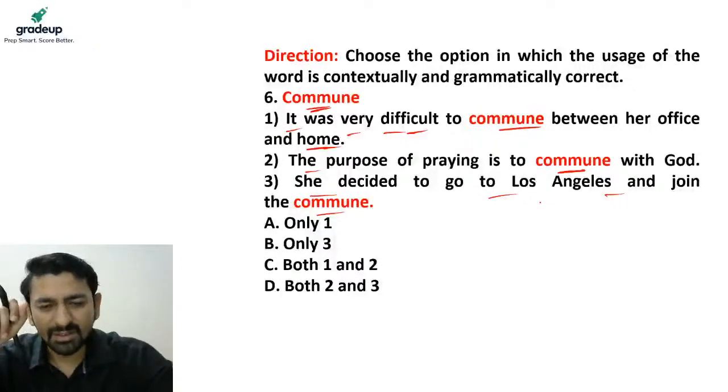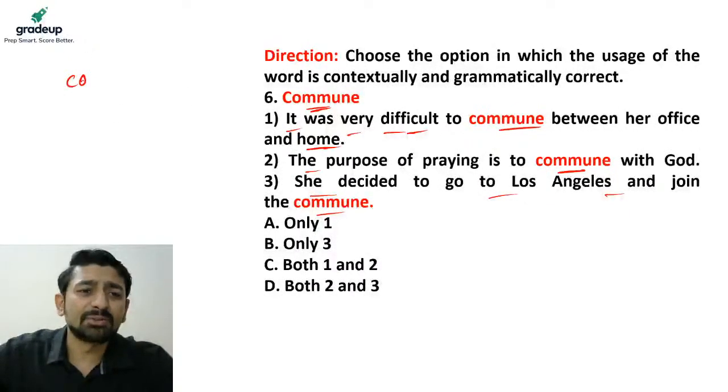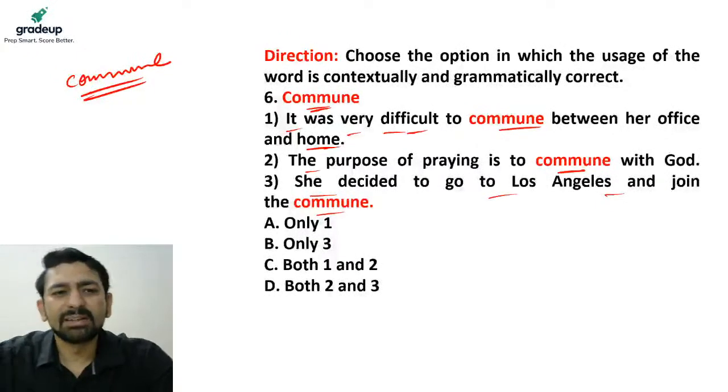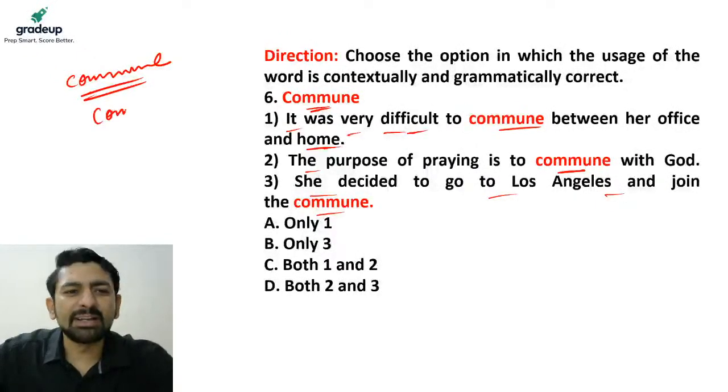Commune. The meaning of commune, let me tell you. First of all, it means people belonging to the same class. When different people belonging to the same class come together, that's a commune. And the word community has come from this word only.